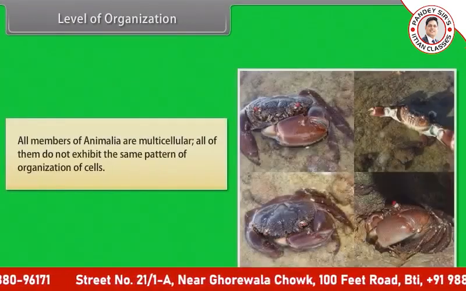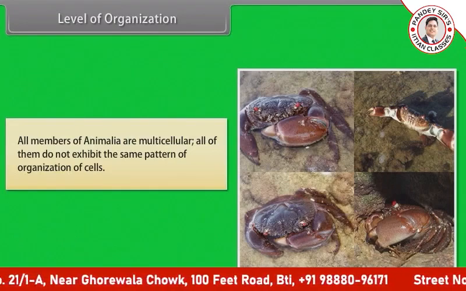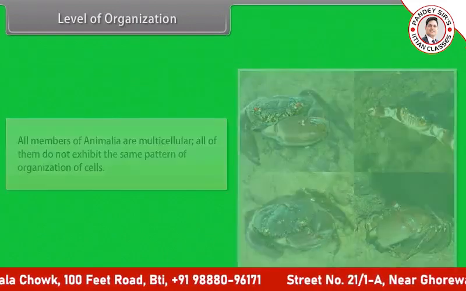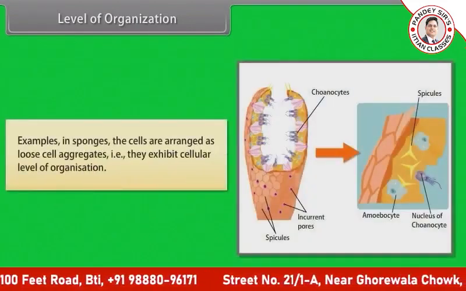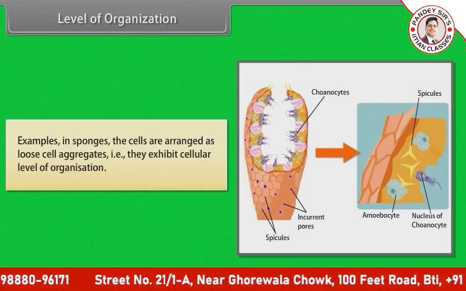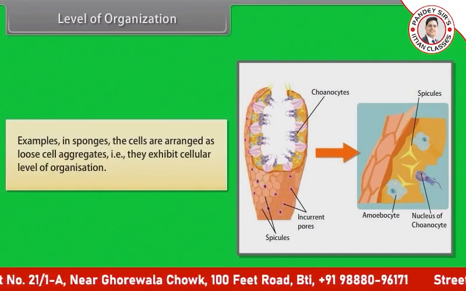All members of Animalia are multicellular. All of them do not exhibit the same pattern of organization of cells.